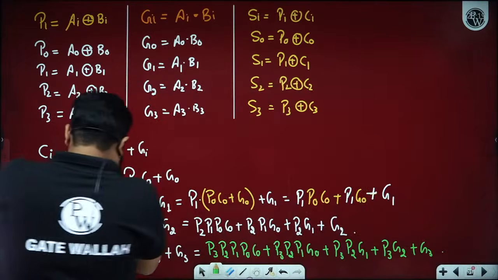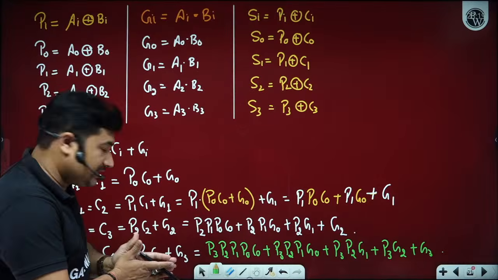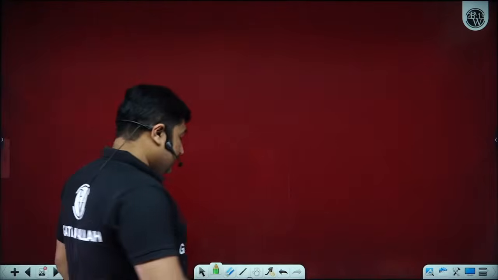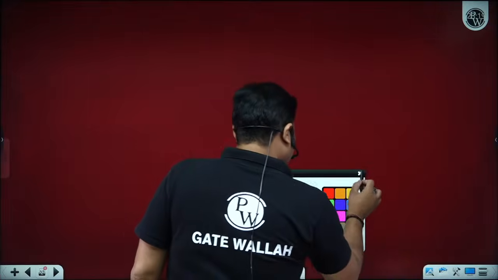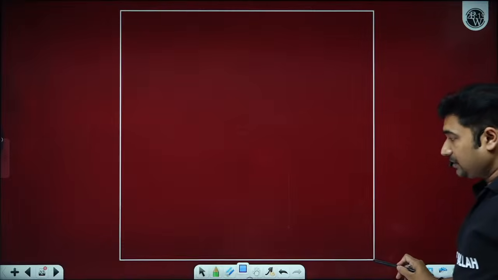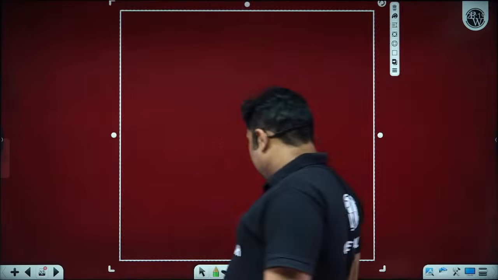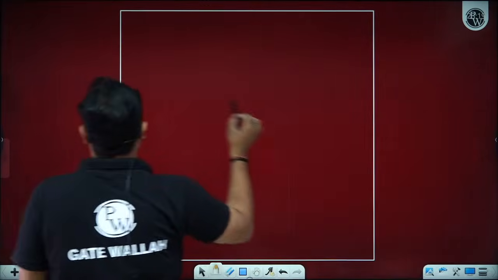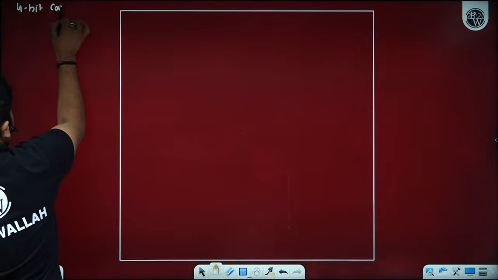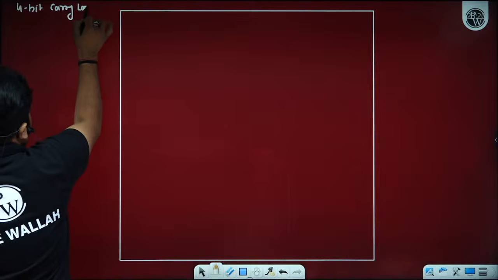So this Ci plus 1 expression suggests that we can create a complex circuit to reduce the time of operation and to increase the speed of operation of a full adder. Let's have a discussion of a 4-bit carry look ahead circuit.